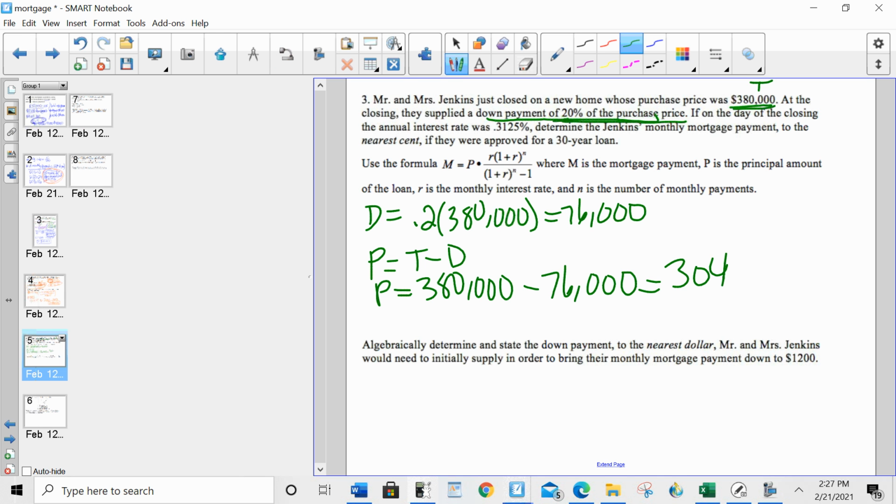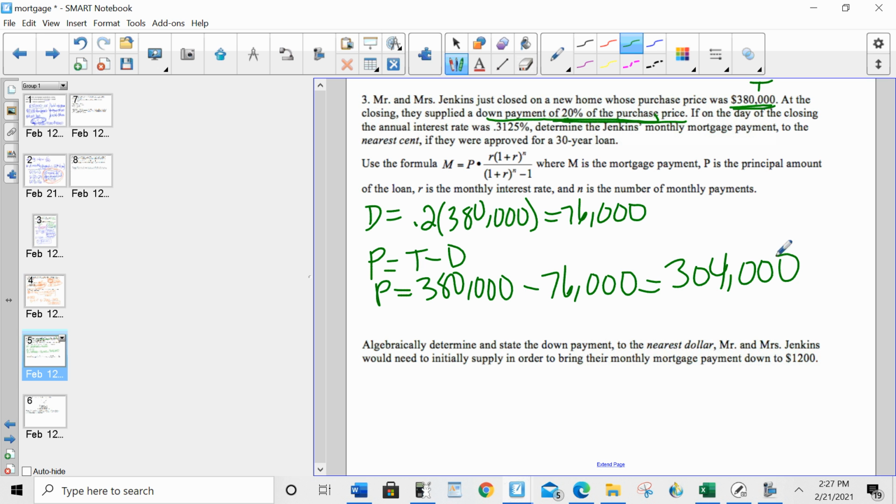What you could have also done: if their down payment is 20%, then their loan, their principal, is 80%, and you could have done 80% of 380,000 to get that as well. So either route would have worked.